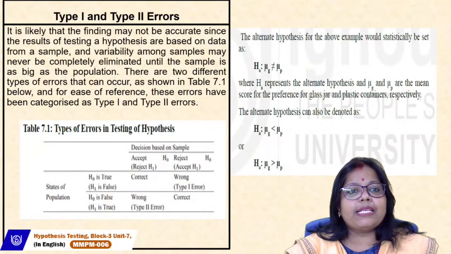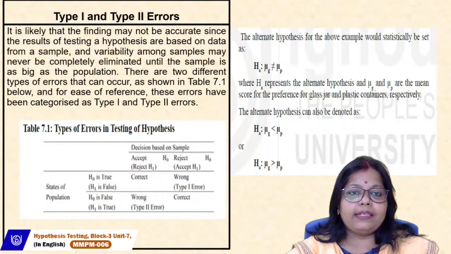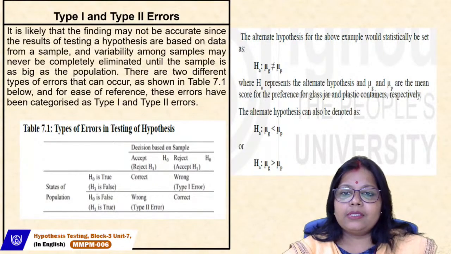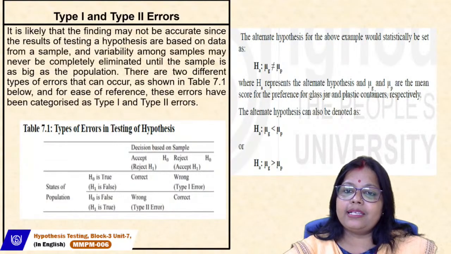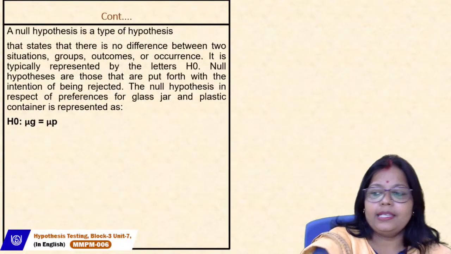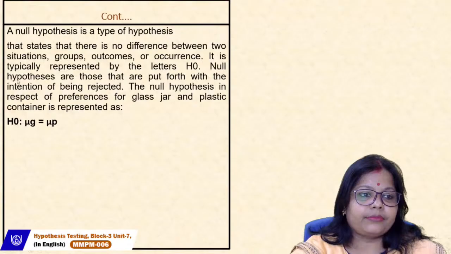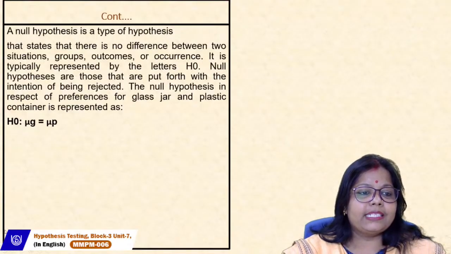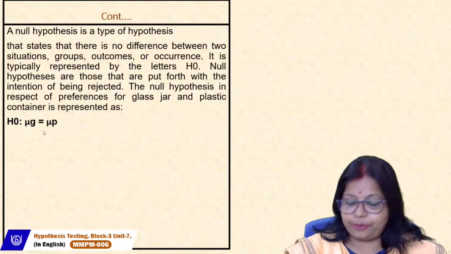Now the third concept of testing hypothesis is type 1 error and type 2 error. Before going to that, we can see here symbolically how H0 and H1 will be written. In the previous slide, we have seen H0 equal to mu G and mu P. This is the way we write the null hypothesis.